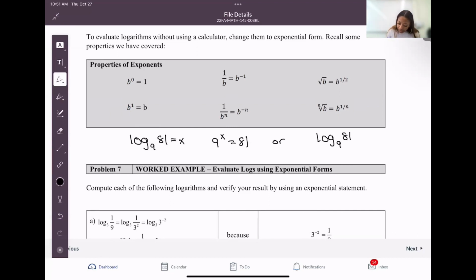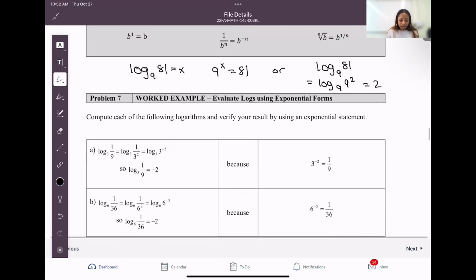Well, we know that 81 is 9 squared, so this is log base 9 of 9 squared. Then this kind of gives us our answer. What power do I raise 9 to get 9 squared? It's right there, it's squared. So this would have to be equal to 2. So it's basically using what we know about exponents to rewrite these logarithmic expressions and evaluate them.